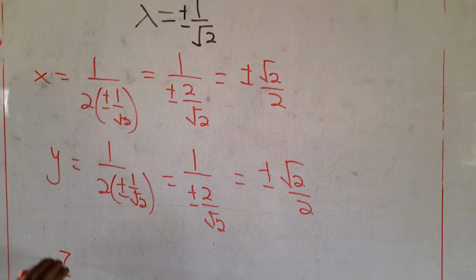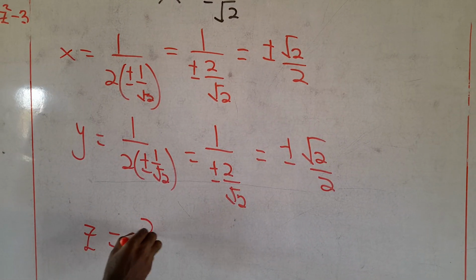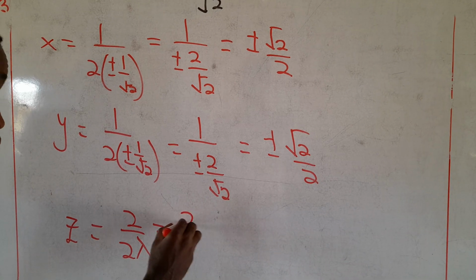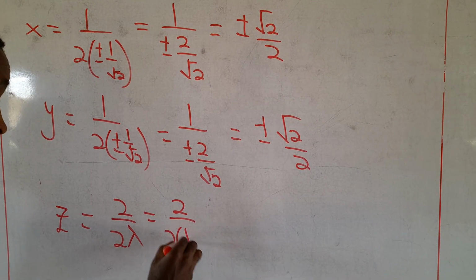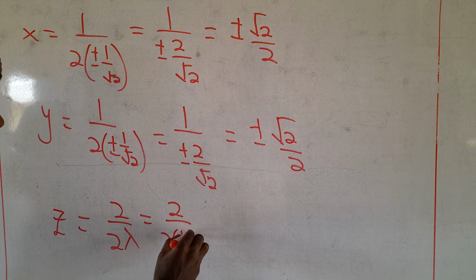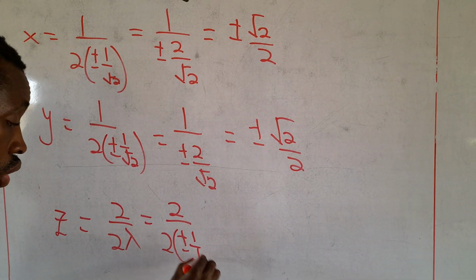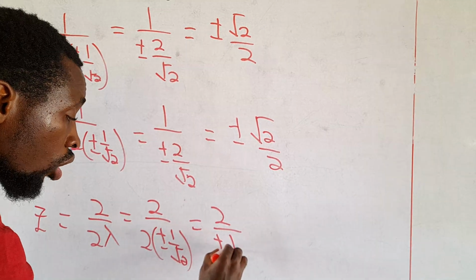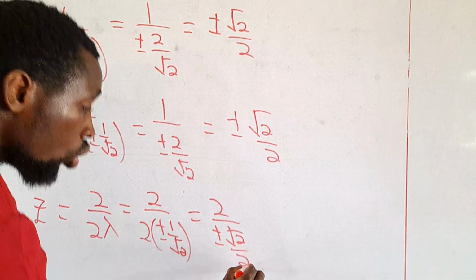Then the z, remember, is 2 over 2 lambda. So when we substitute, we get 2 over 2 times plus or minus 1 over root 2, which will be equal to 2 over plus or minus root 2 over 2.